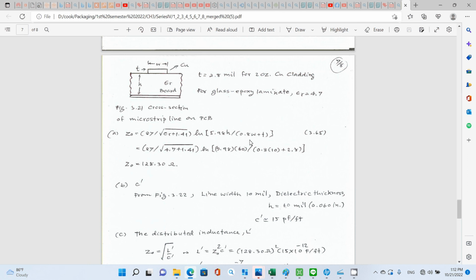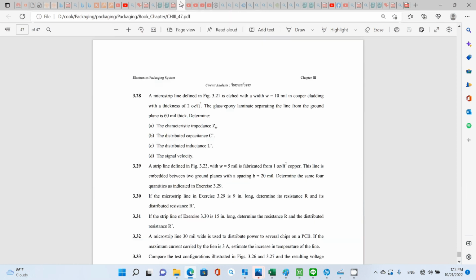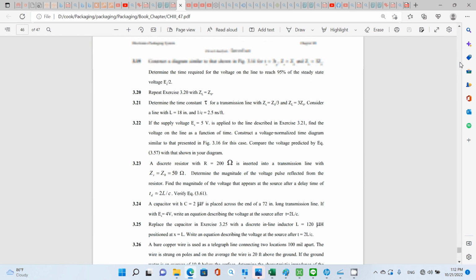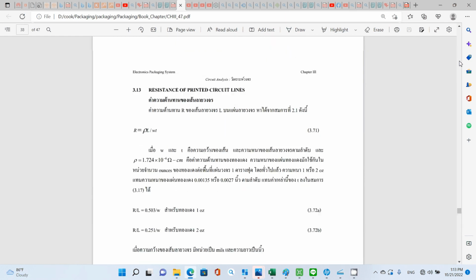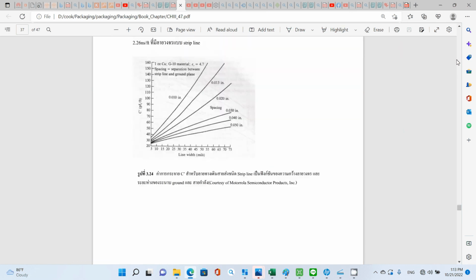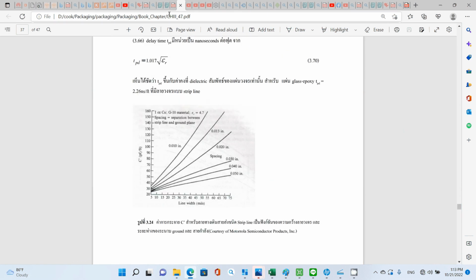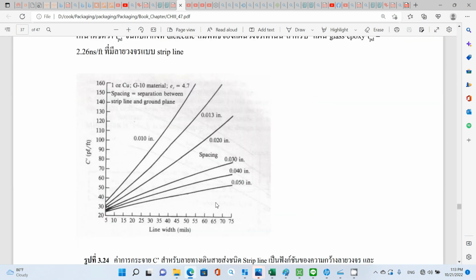Let's go to figure 3.22. Okay, it's coming up. Yep, it's this one. This is the line width W, right?